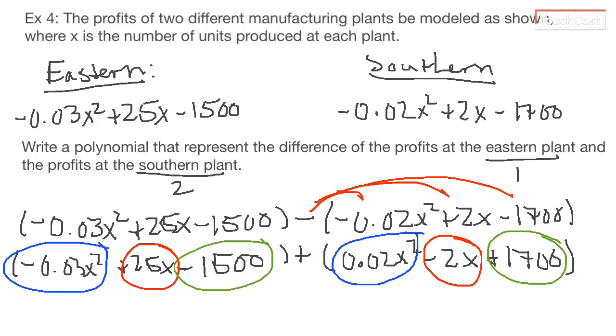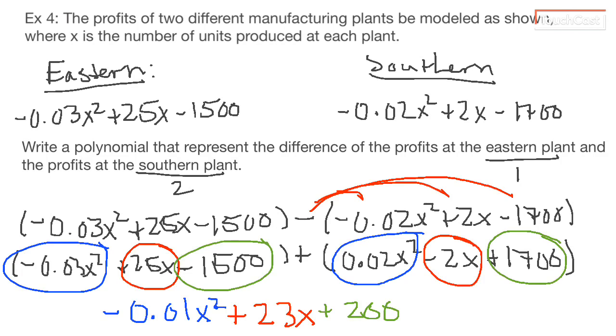So let's combine. Negative 0.03 plus 0.02 gives me a negative 0.01x squared. 25x minus 2x is going to give me plus 23x, and then negative 1,500 plus 1,700 is going to give us a plus 200.